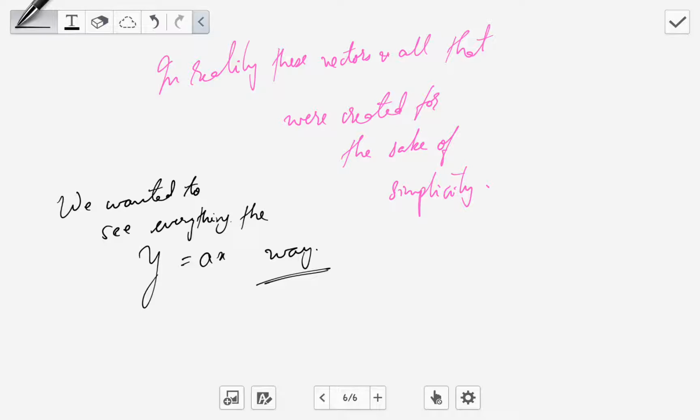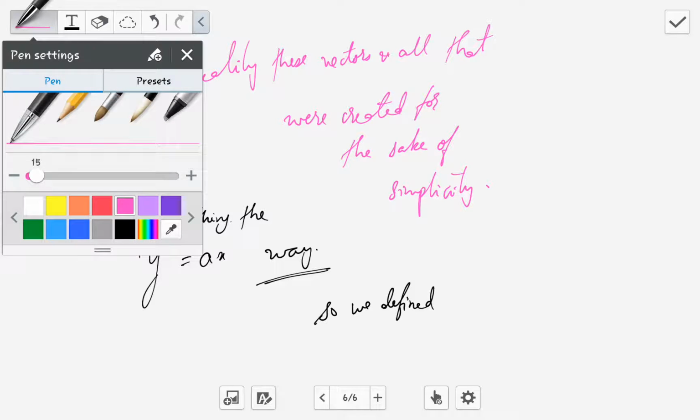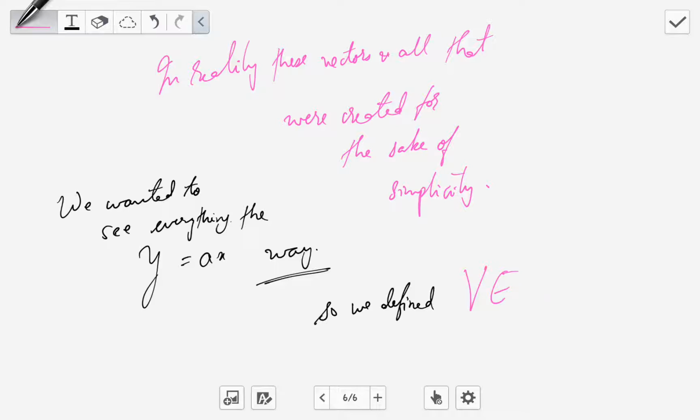So we defined something called vectors. Now that was the way with vectors.